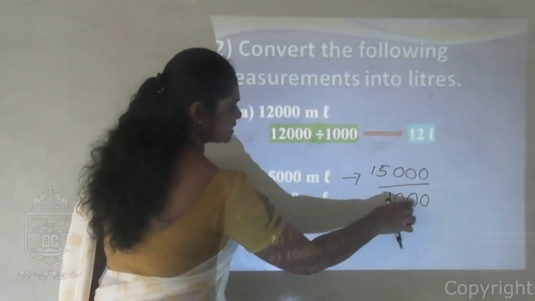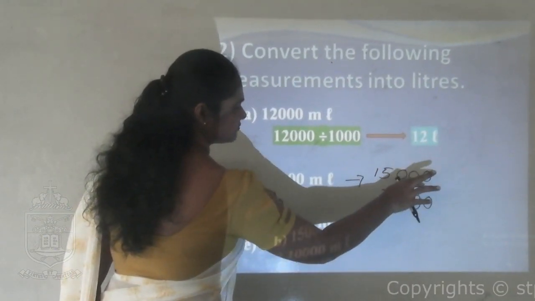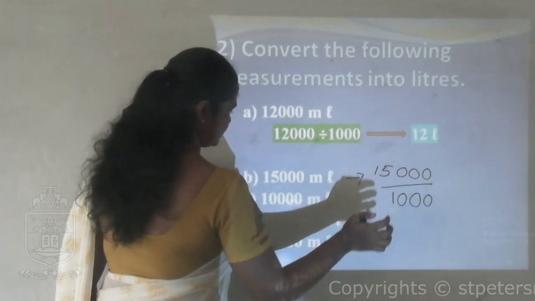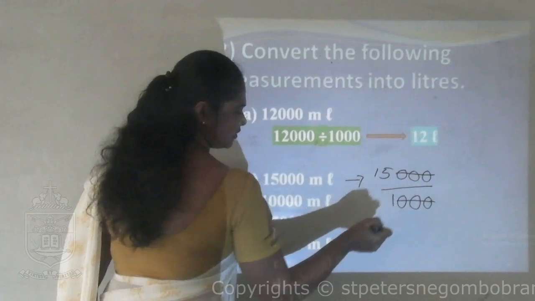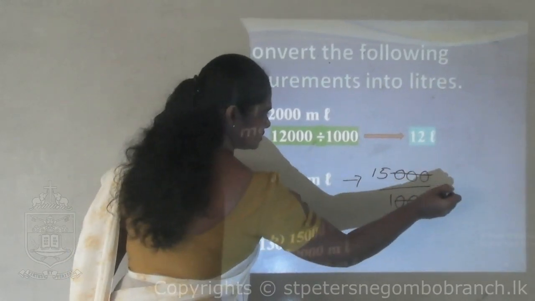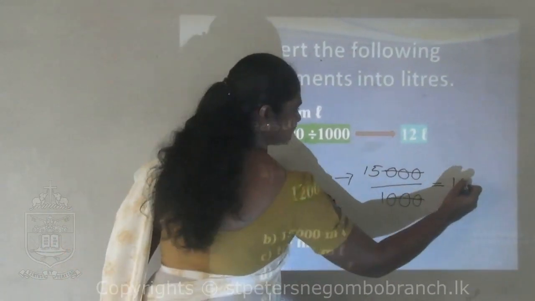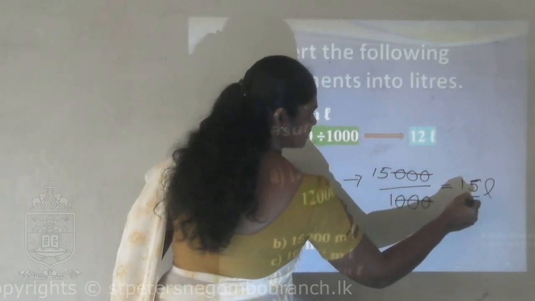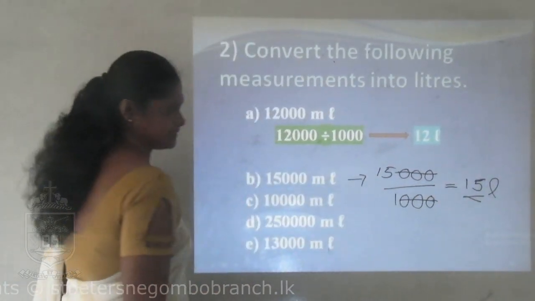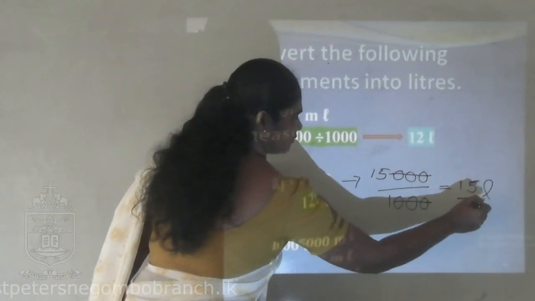For 1000 there are 3 zeros. In 15,000 you have 3 zeros. So you can easily cancel them out. So you get 15 liters. So the answer is 15 liters. Okay.